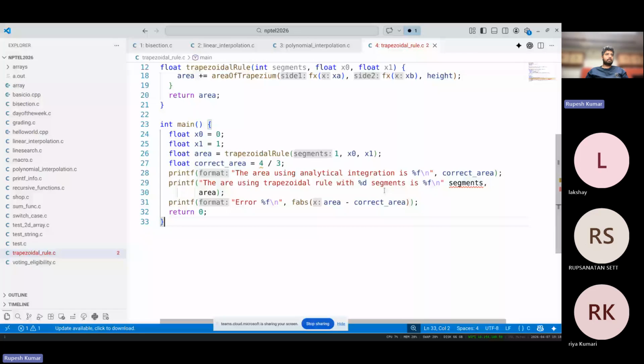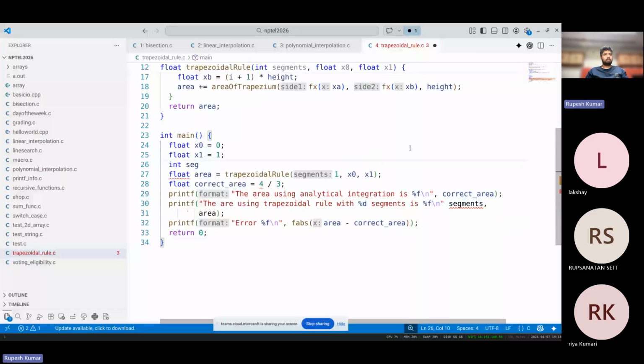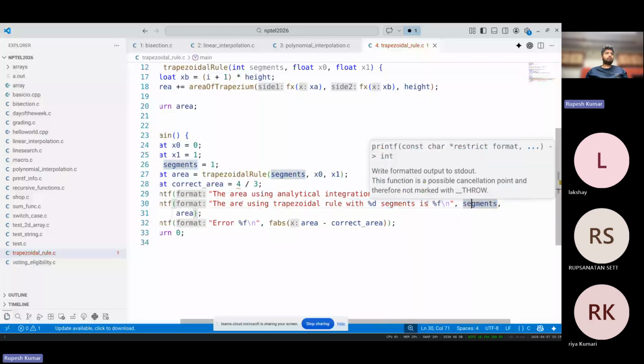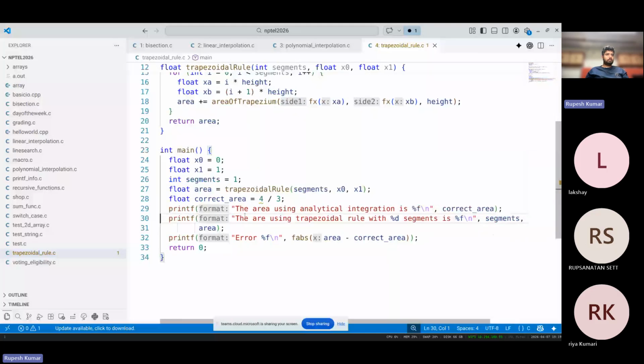And let's declare the number of segments here, right? So let's pass the segments variable here. Right. So now let's see the output, right?